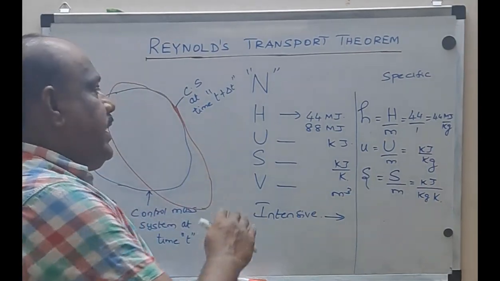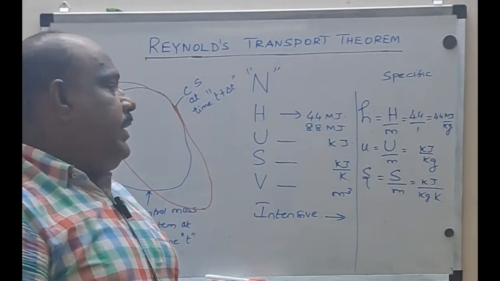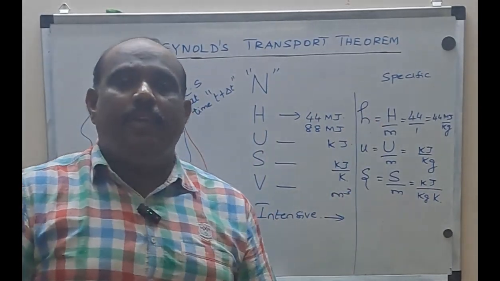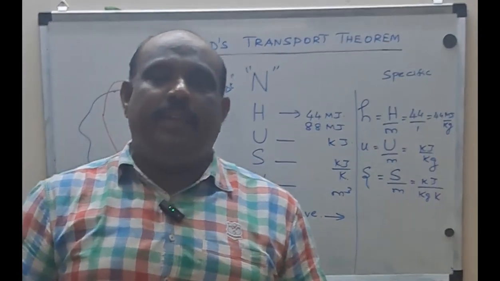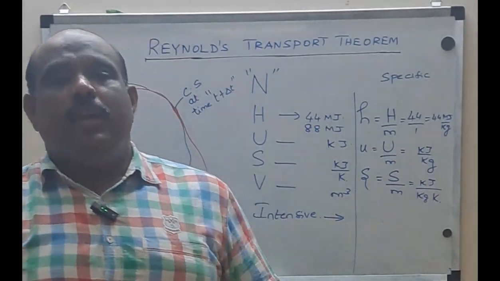So we can see the extensive property can be made an intensive property when you divide by the mass, or per kg of the substance considered.